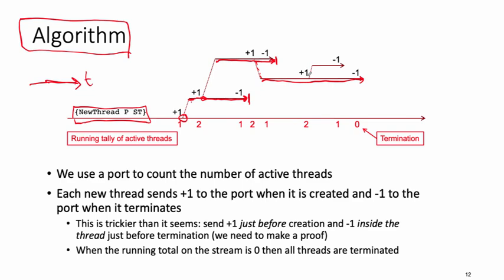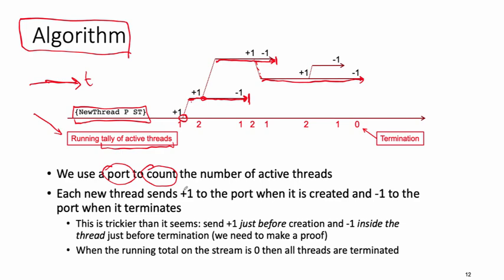So how do we keep track now? Well, we want to count the number of active threads. So we're going to make a tally, so a count. We're going to count dynamically the number of active threads. So how do we do this? Well, we'll use a port, and each of these threads will send +1 or -1 to the port.